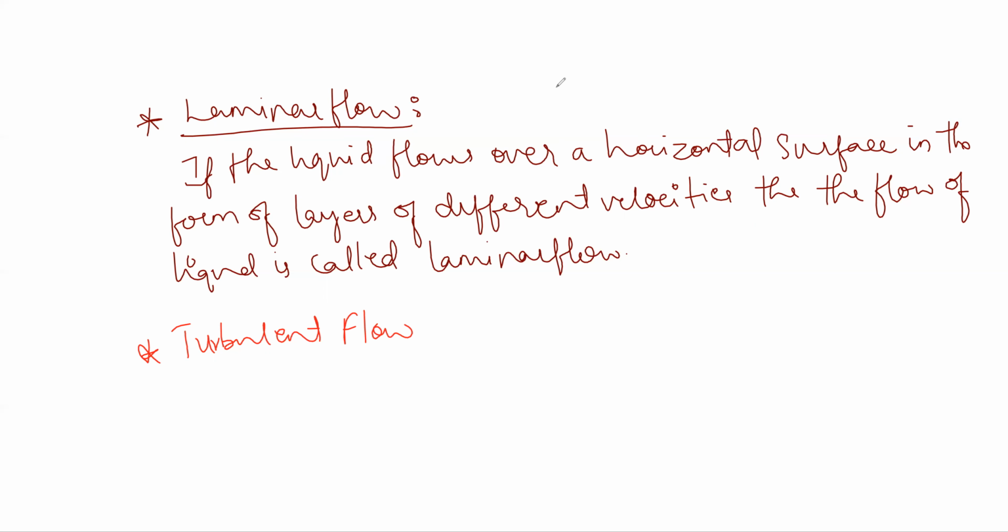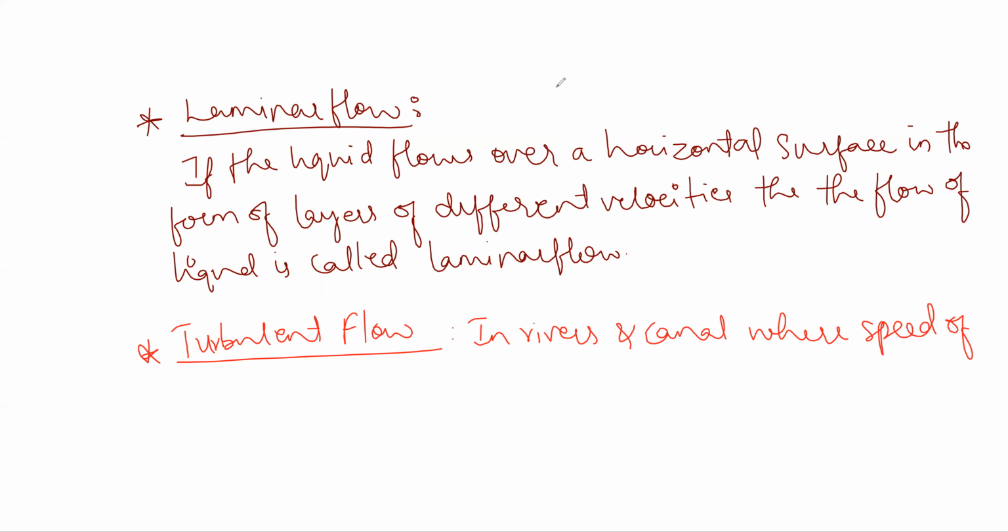Take the example of a canal, where the speed of water is high, or the boundary surface causes the flow to become irregular.